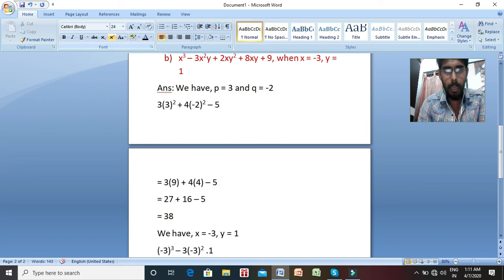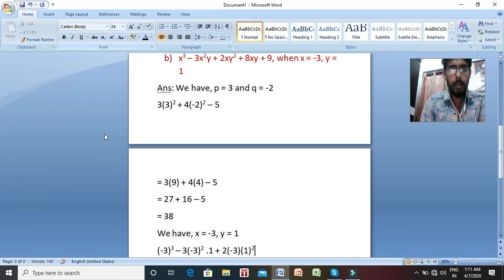Okay, and then we will have plus 2xy squared. 2x will be in bracket negative 3, and y will be in bracket 1 square, so it will be 1 squared.